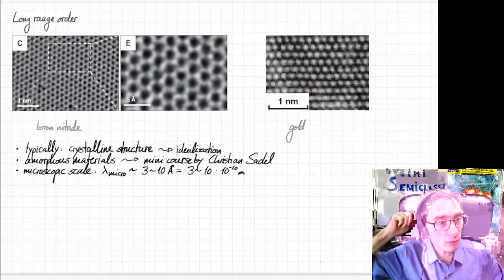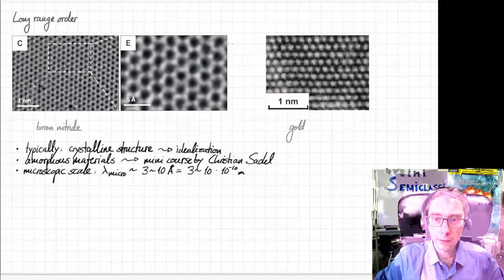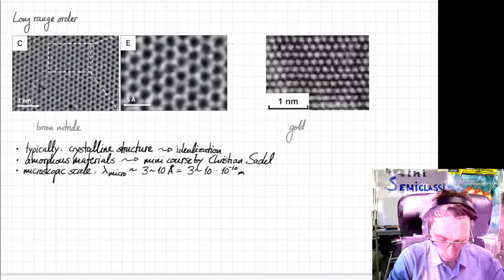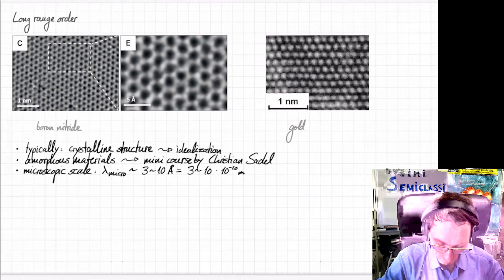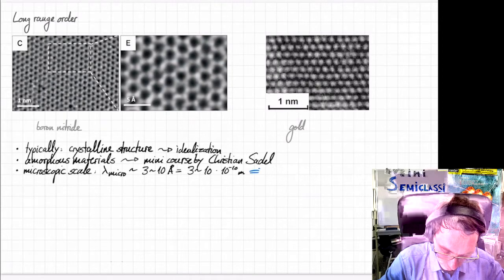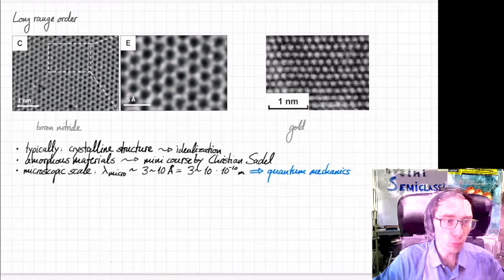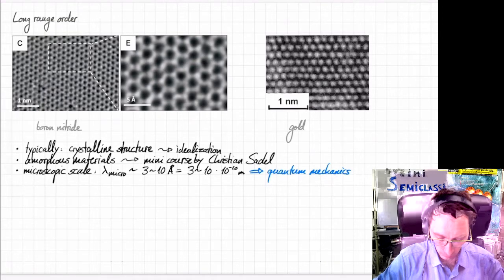And the point that I would like to make here is that this spatial scale is what requires you to use quantum mechanics. So this is why the microscopic model that we have to start with is a quantum model necessarily.